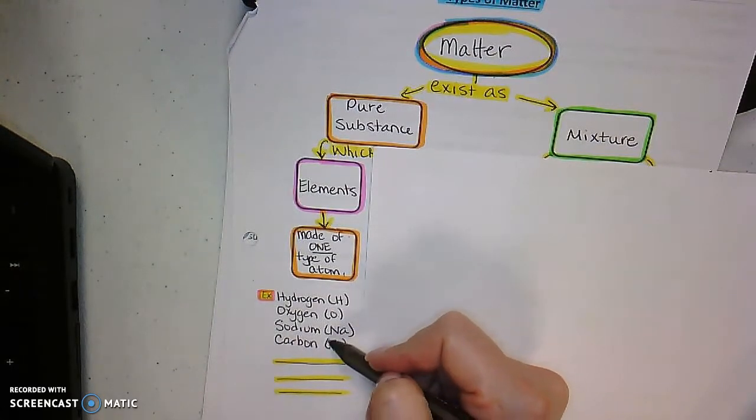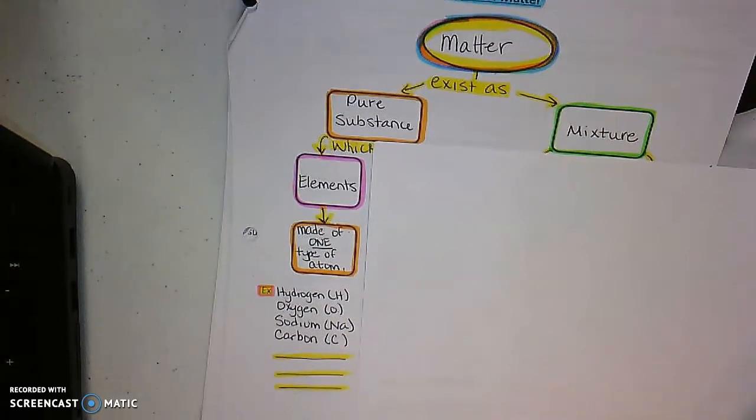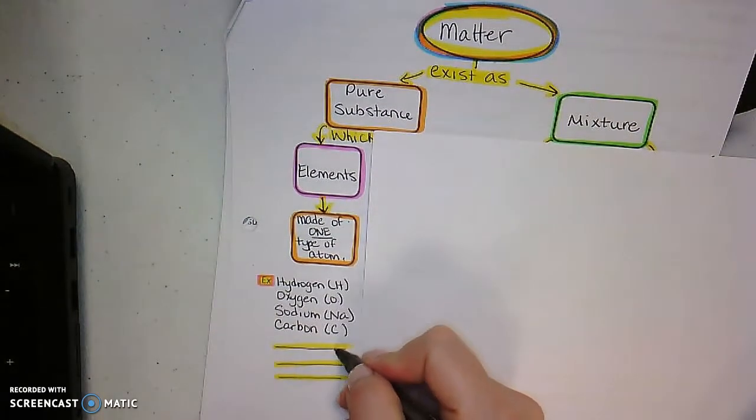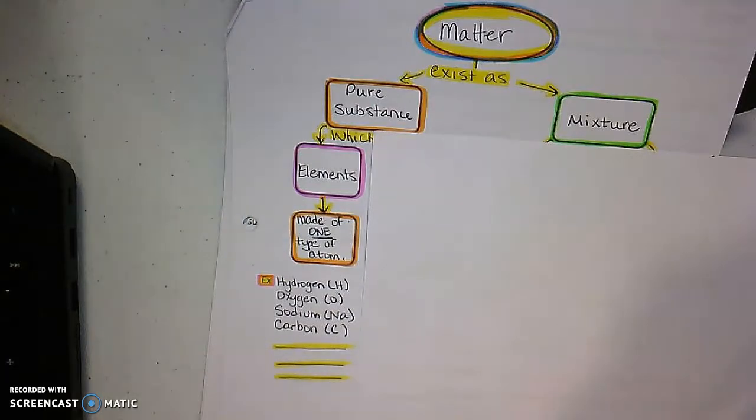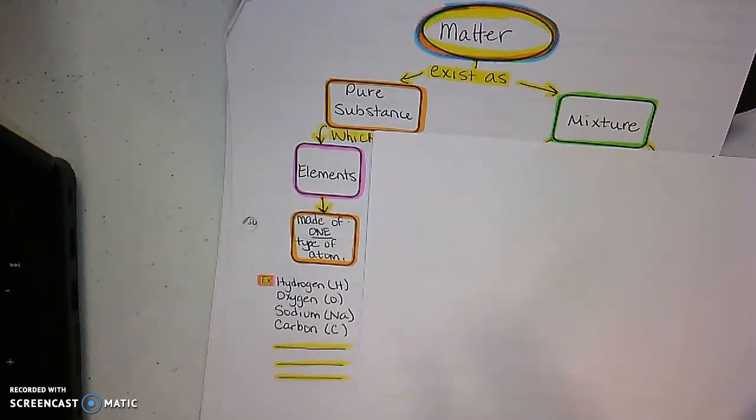And carbon, and in parentheses a capital C. Then I'd like for you to look at your periodic table and add 3 more elements that you would like to add to your notes that are examples of an element.